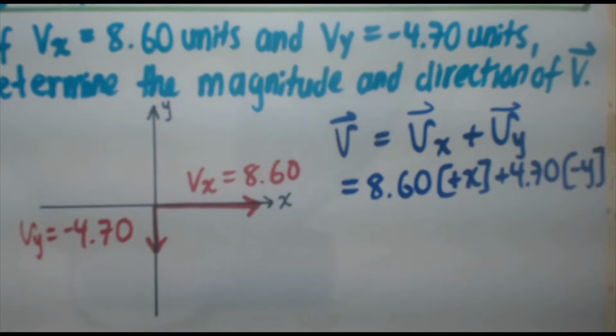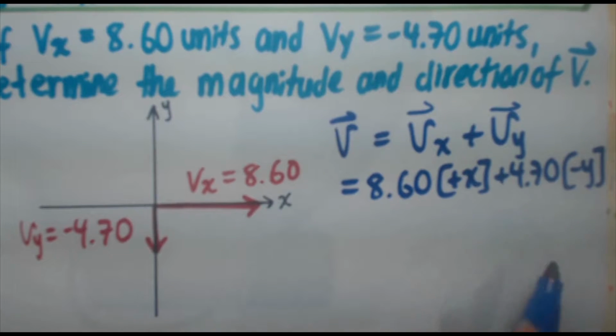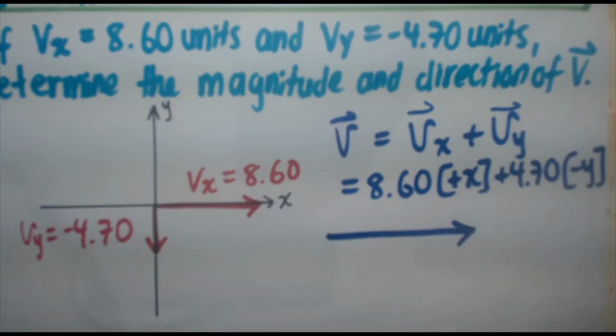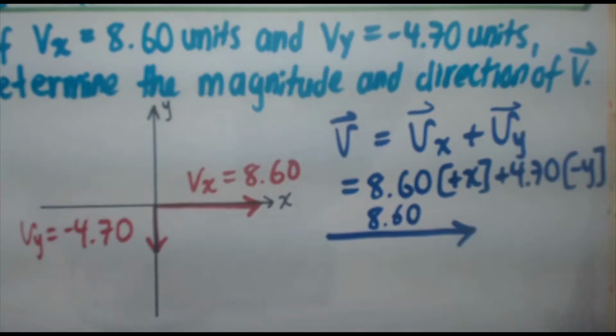So how do we add this? Well, we can't add it linearly because it's a vector, right? You cannot add it like a scalar. So we add this geometrically. So what we do is we say, okay, first vector is like this. That's our Vx, 8.60. And remember, when you add the second vector, you put the tail of the second vector to the tip of the first.